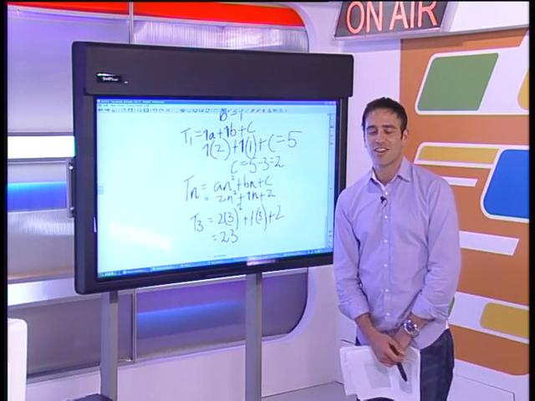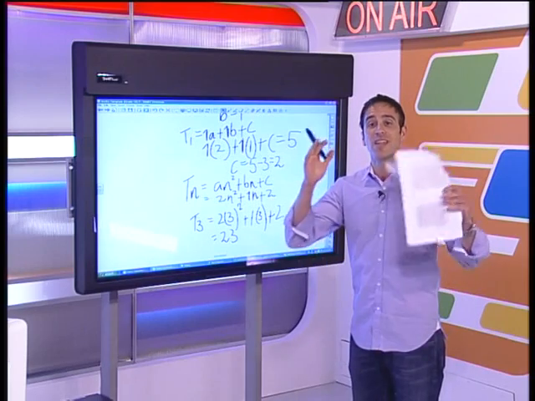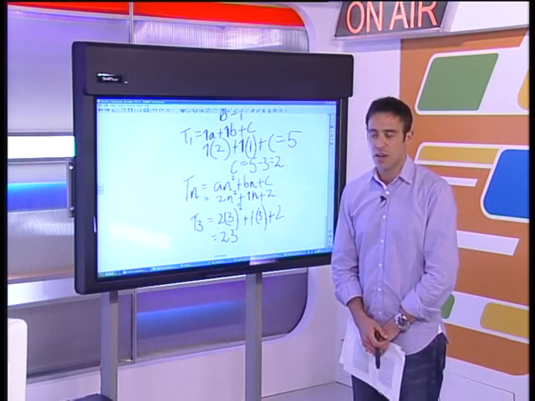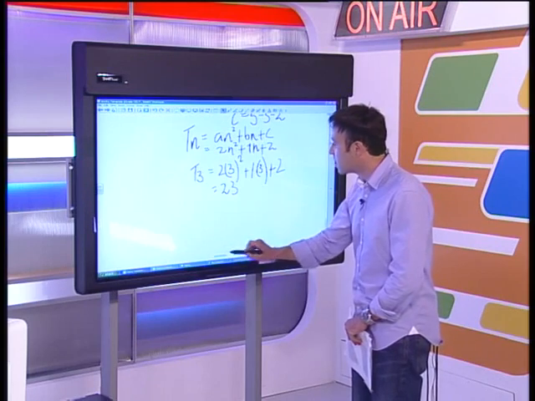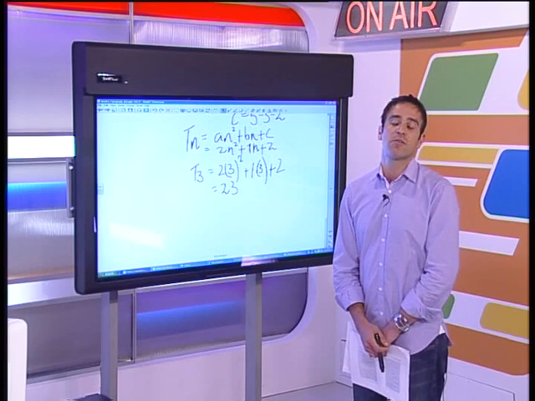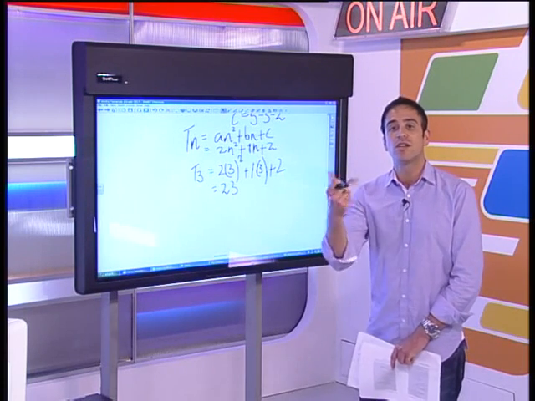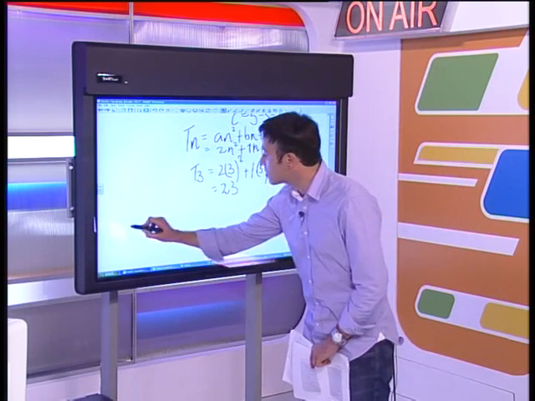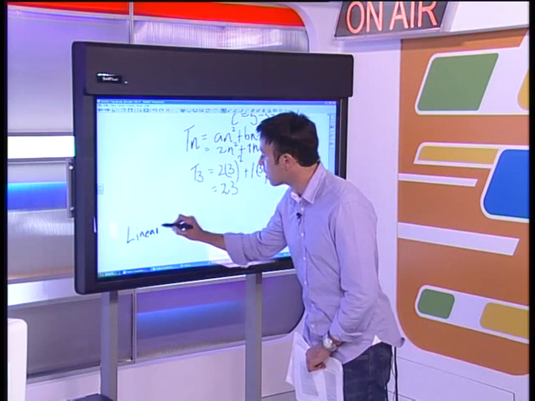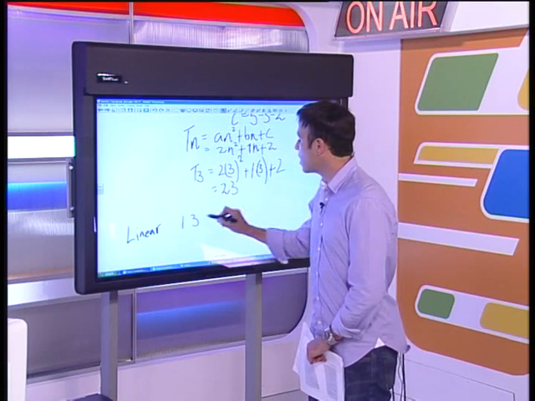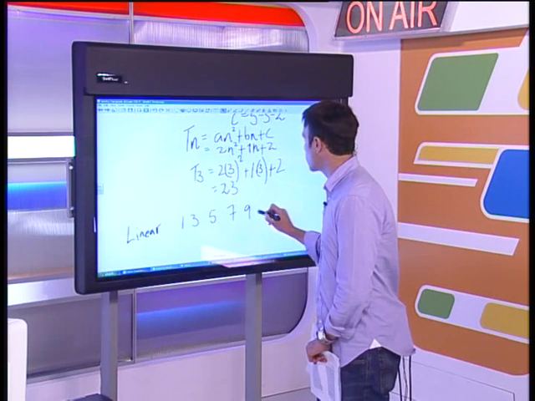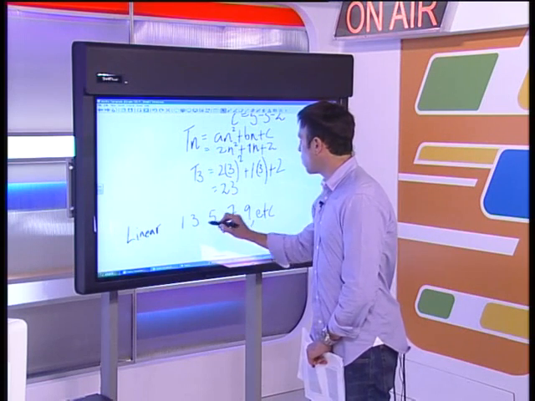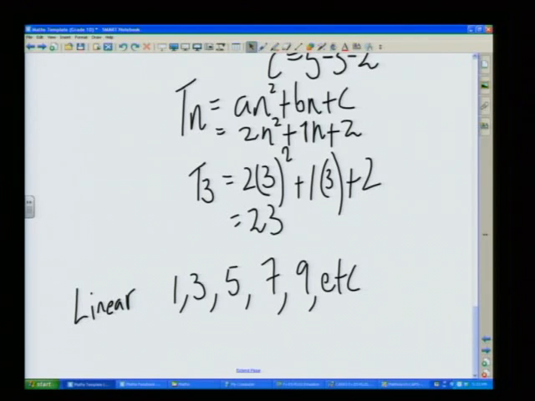Okay, cool. So thanks, Linda. In terms of a linear sequence, it means it's going up by the same amount each time. It's very easy to make up a linear sequence because we just add the same number each time. So for example, the odd numbers. Everybody knows the odd numbers, 1, 3, 5, 7, 9. If you think about how we create that sequence, we just go 1, 3, 5, 7, 9, etc. Now what happens when you start talking first differences is that your first difference in a linear sequence will always be the same.